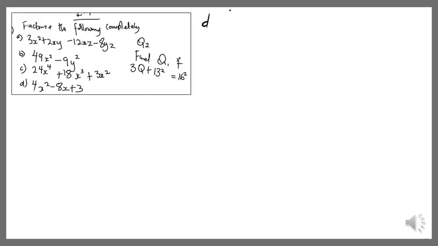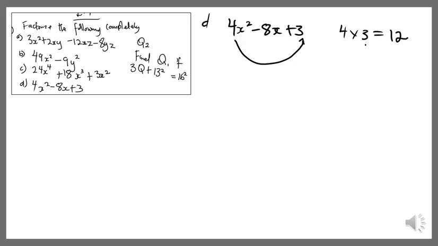So the D, what do we have? 4x squared minus 8x plus 3. So this is definitely a quadratic trinomial case. So what are you going to do in this case? You are going to multiply this by this to get what? 4 times 3 is going to give us 12. So we are looking for two numbers that when we multiply we will get 12, but when we add we will get negative 8.